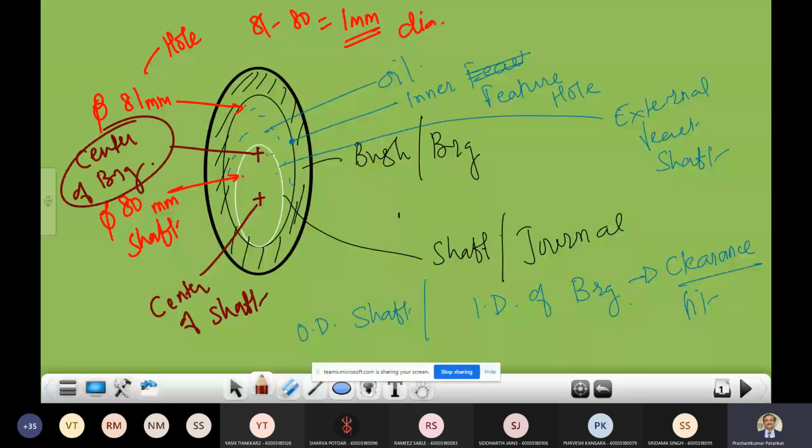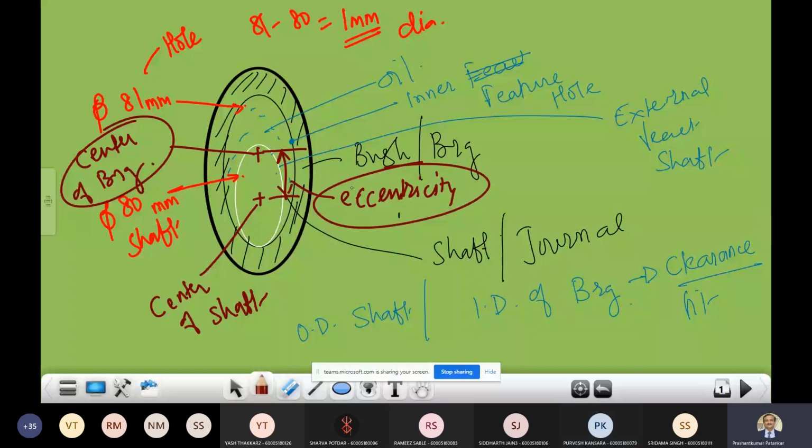This particular distance is called the eccentricity. Am I clear?